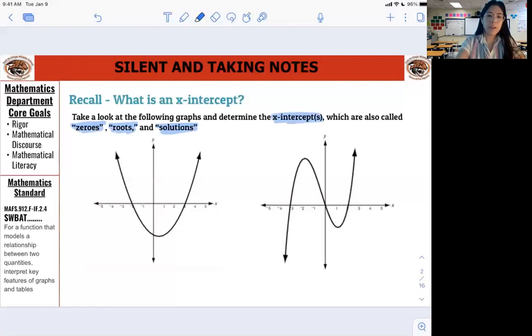Write it down. So x-intercepts are also called zeros, roots, and solutions. And once you've written that down, start taking a look at this problem and let's identify where the x-intercepts are located for these two graphs.